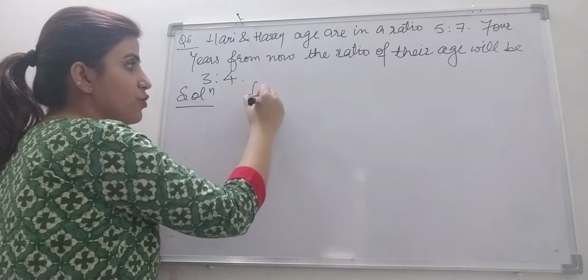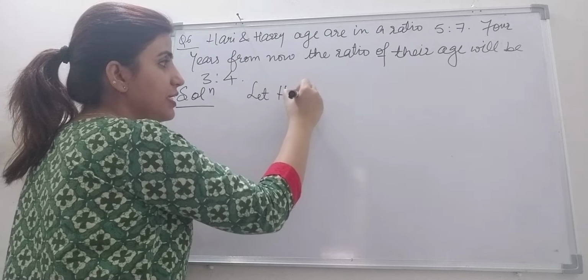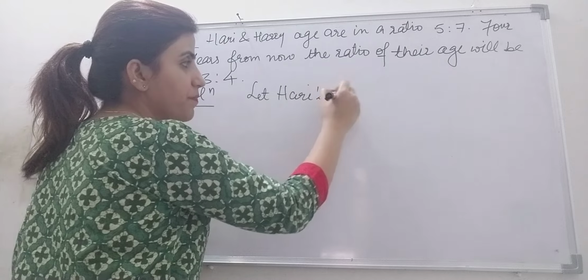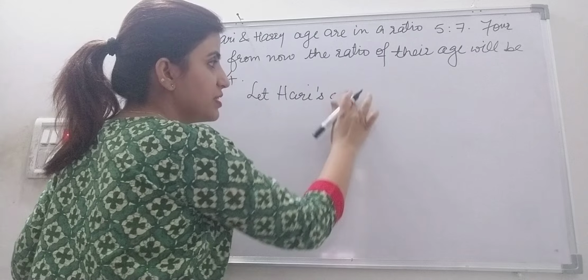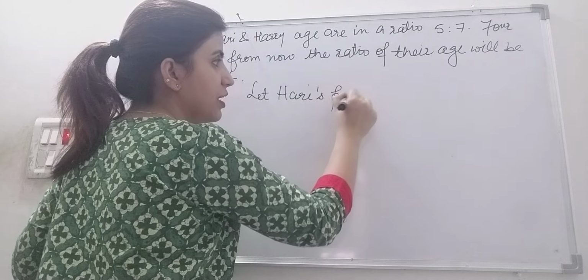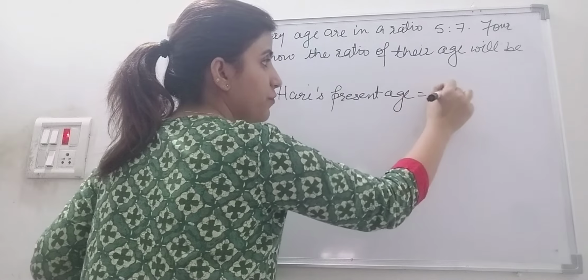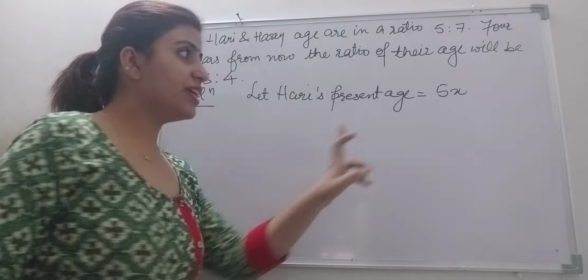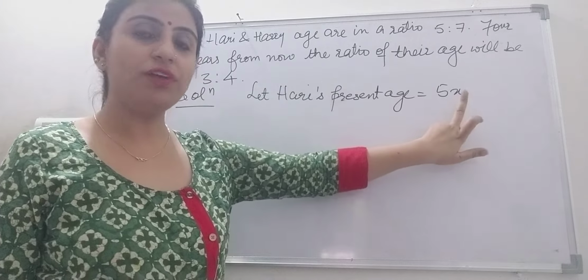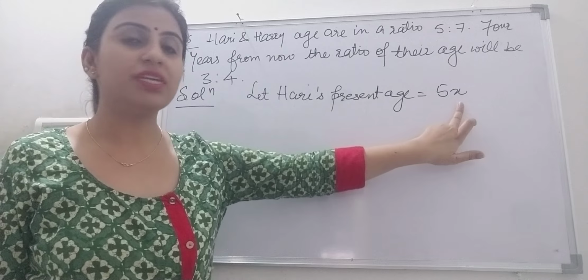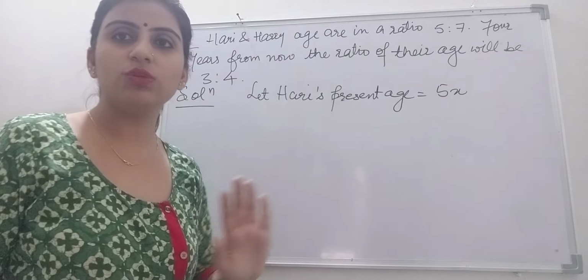So we can suppose, let Hari's present age equal 5x. Why this 5x? We have taken the common multiple of the number with which it was multiplied earlier and converted into the lowest form.